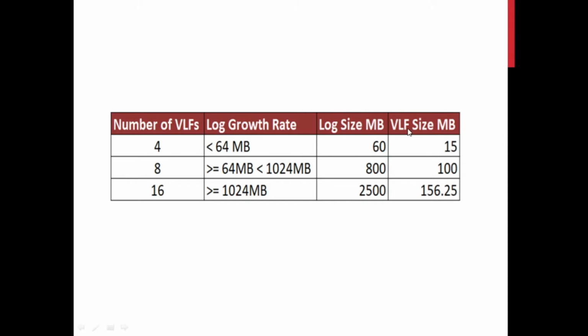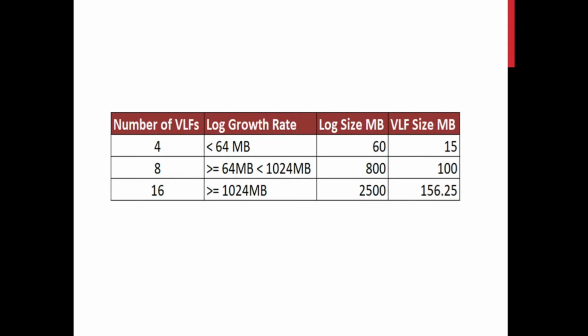Similarly, VLF size is going to be 100 MB for a log size of 800 MB, and VLF size is going to be 156 MB for a log size of 2500 MB. That way, the log growth rate is going to decide the number of VLFs and also the size of each VLF inside the transaction log file.